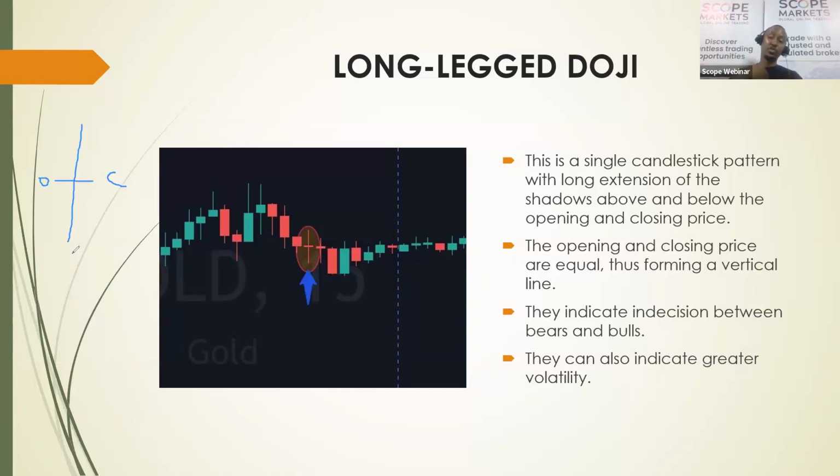During that time is when you'll see these long-legged doji, because there is volatility. The buyers try to push up, the sellers try to push down, but at the end of the day, buyers and sellers were equal. So it creates indecision, not to engage in the market at all.